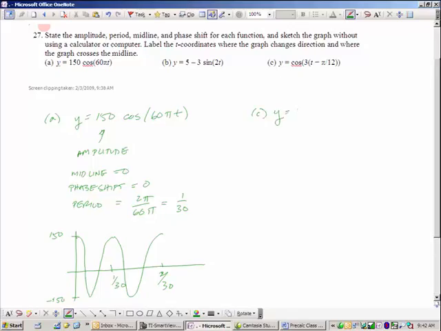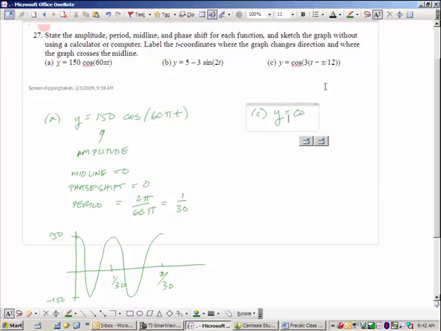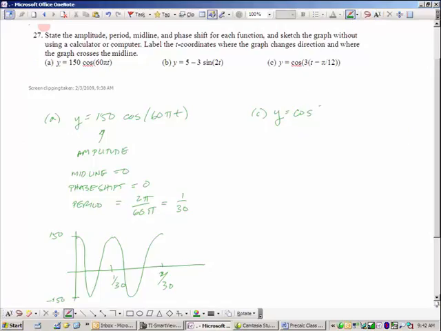All right, Sam Snyder, call on someone to tell me something about this function. Travis has a hand up over here. Travis. Is the midline 0?